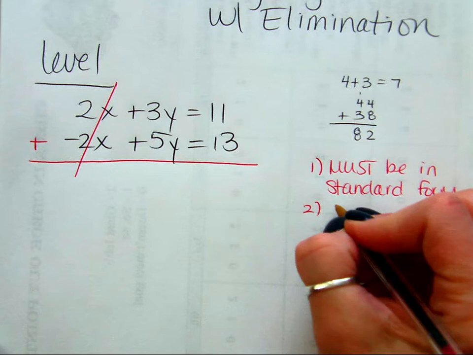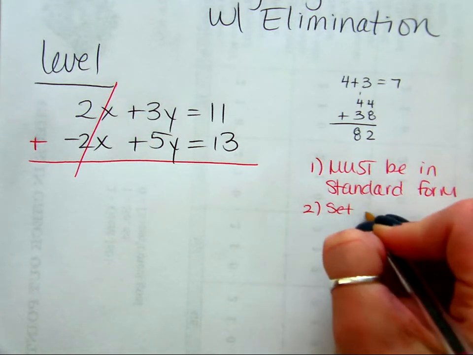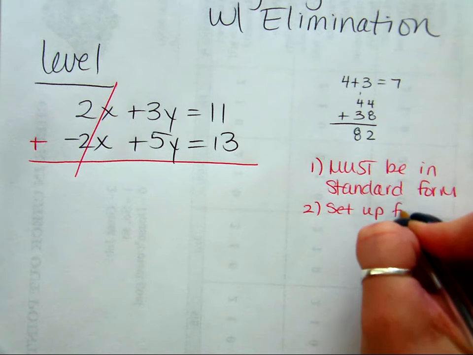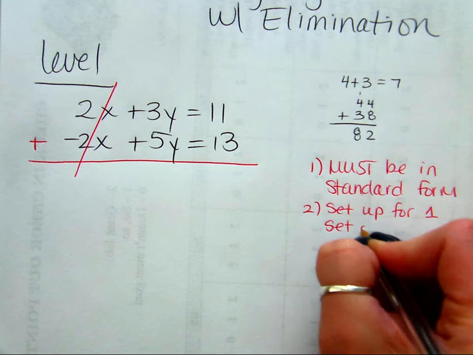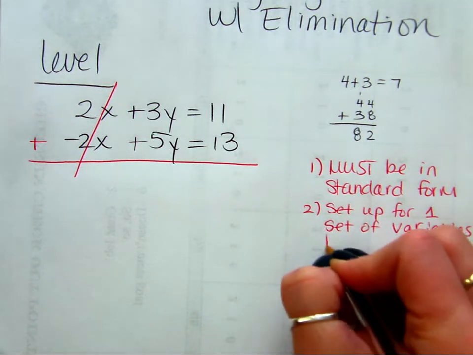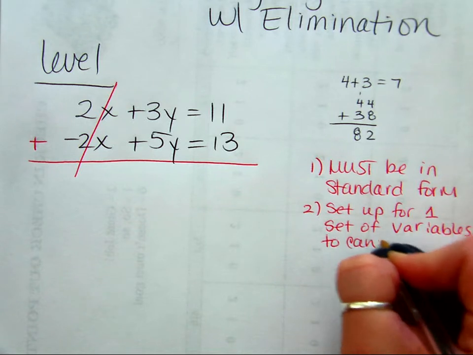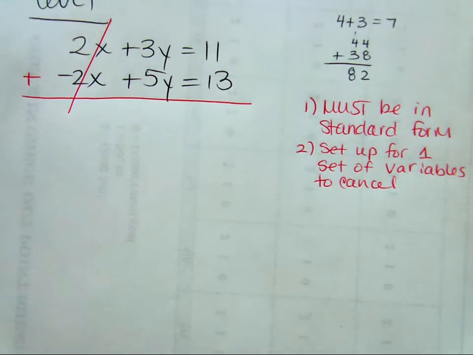So you need to have it set up for at least one of the variables, one of the sets of variables, to cancel. And we say cancel out, but you want to eliminate one of them. That's why they call it that.